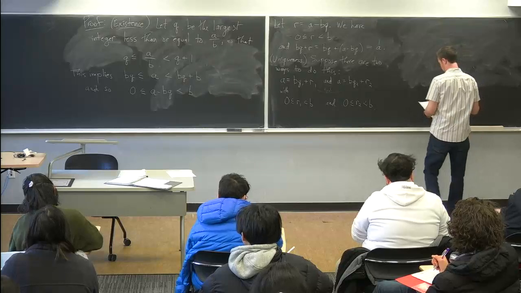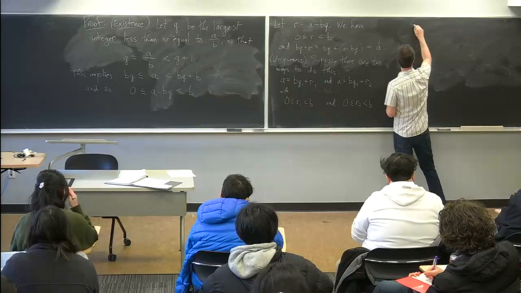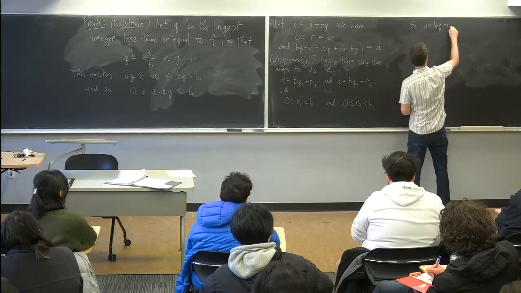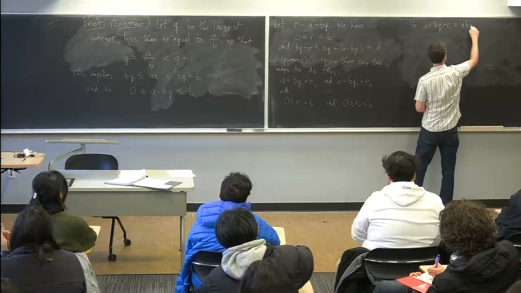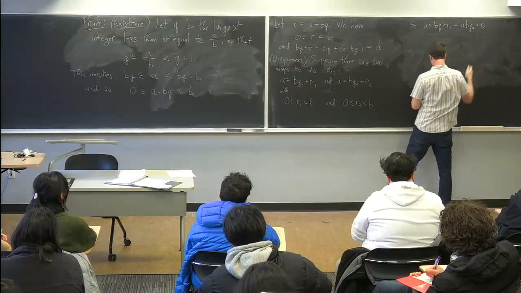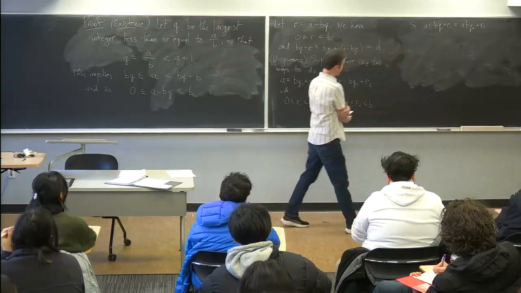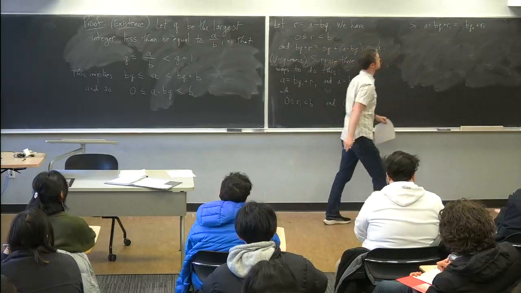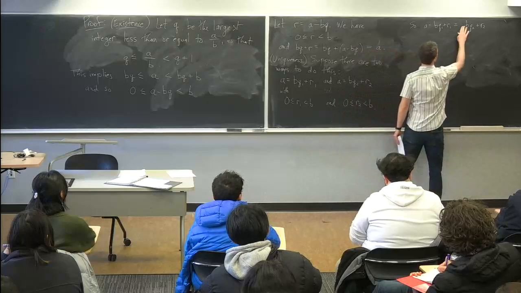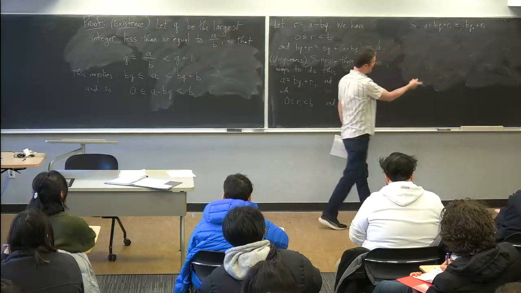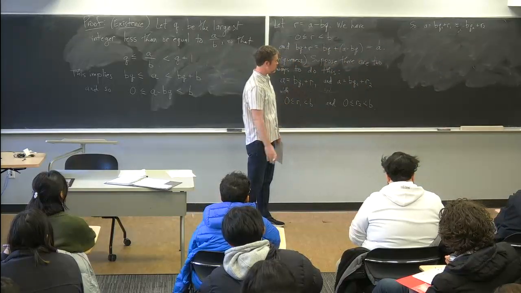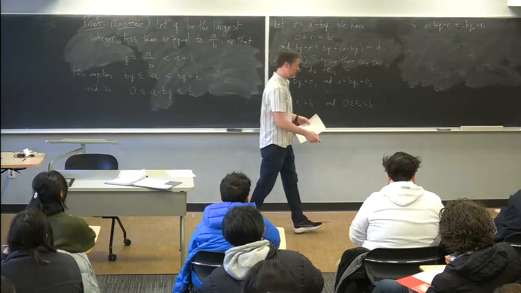So we have a equals b q1 plus r1, which equals b q2 plus r2. Now you forget about a for a second and just use this equation about b, q's, and r's and try to do something with it.